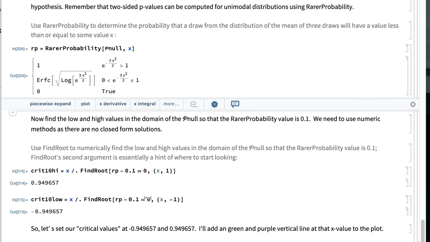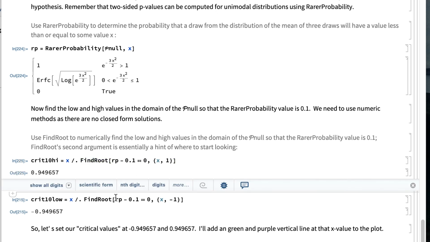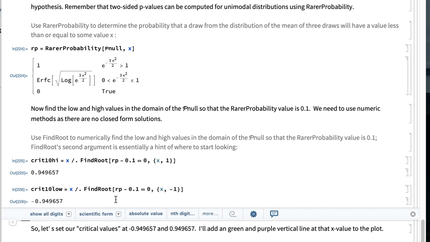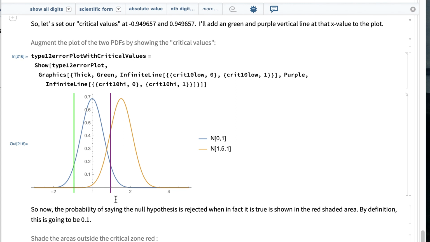But let's plug it in for letting that rarer probability be our alpha value of 0.1. We're going to get two numbers, 0.949 on the high side and negative 0.949 on the low side. So we're going to set our critical values at negative 0.949 and positive 0.949.